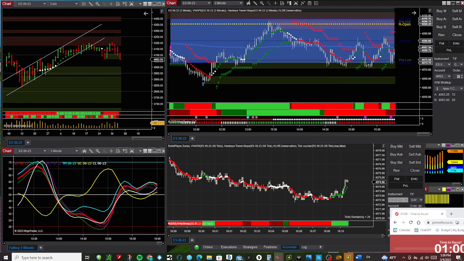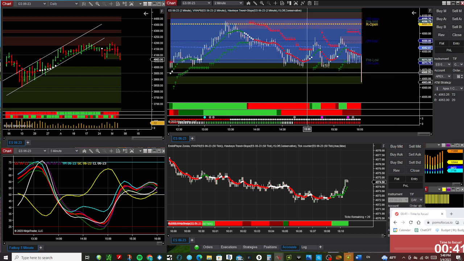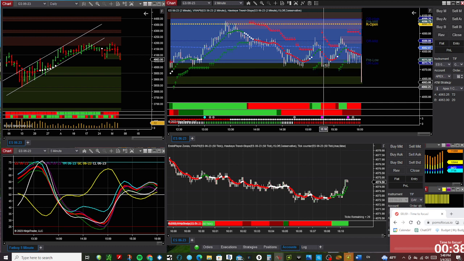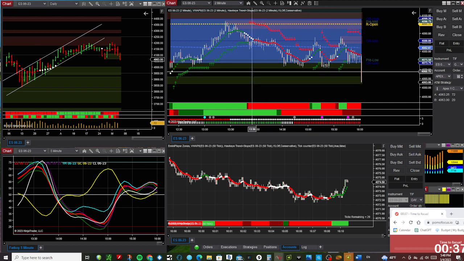You can compare this to a basketball game between two equally strong teams, and the score is very close. At halftime, it's very close, and as it goes throughout the game, it remains very close. What you're seeing is that today the market didn't have any dominant player. The bulls were not dominant, the bears were not dominant, so it went back and forth.